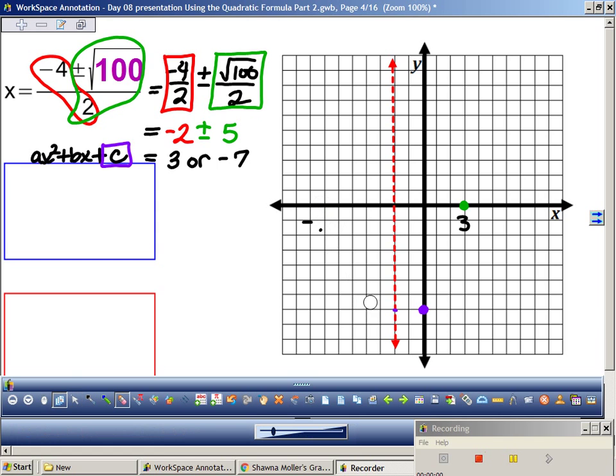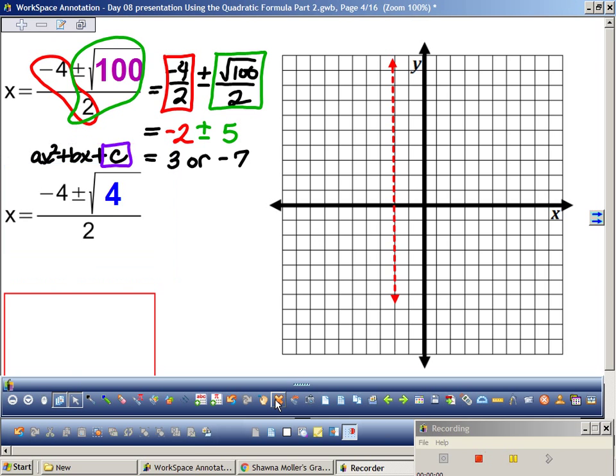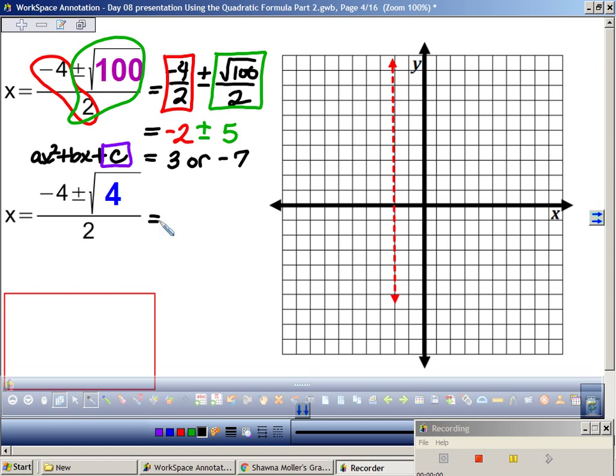So I'm going to erase this, and this, and this, and I'm going to ask you guys to tell me what my solutions would be there. I'm going to rewrite it first. So x equals -4 over 2, which isn't that the same thing we had before?